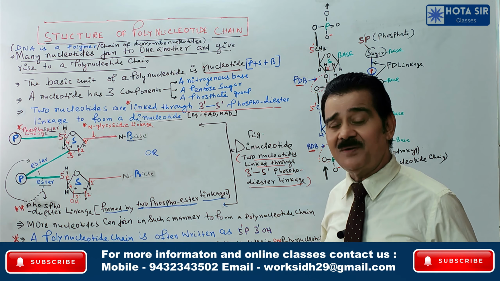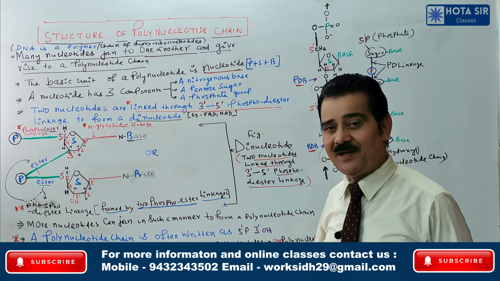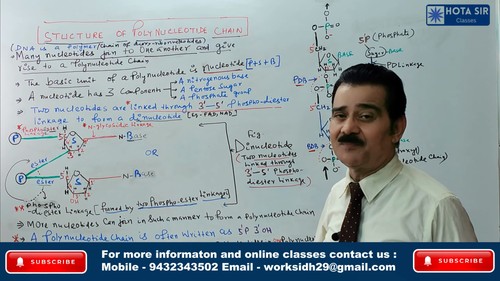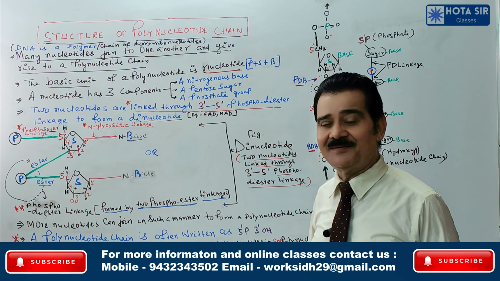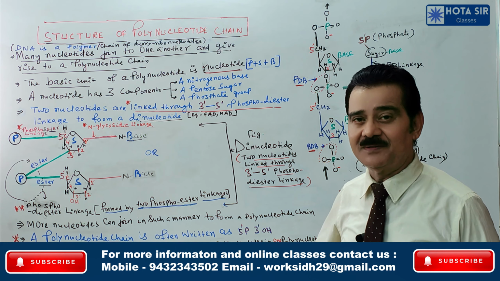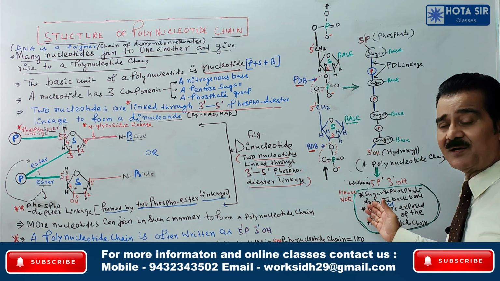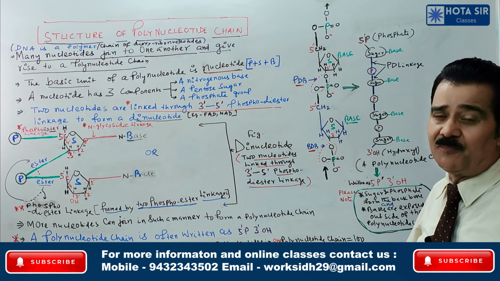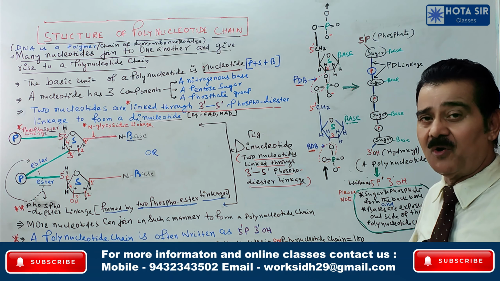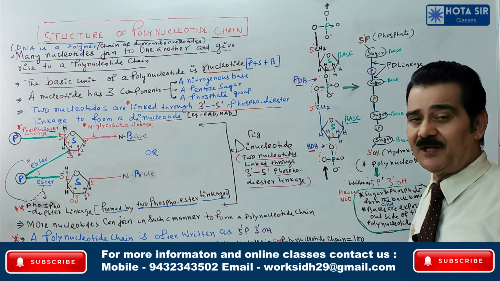So it will be 50. Clear? If the number of phosphodiester bonds is 100, then what would be the number of ester bonds, phosphoester bonds? That is 200. Which one forms the backbone of the polynucleotide chain? The answer would be sugar phosphate forms the backbone of a polynucleotide chain.